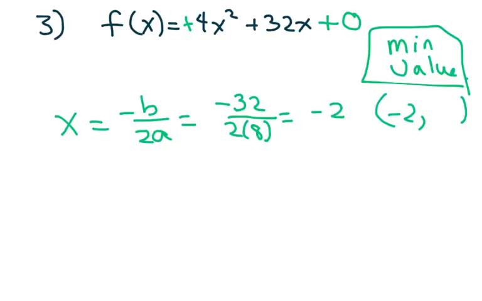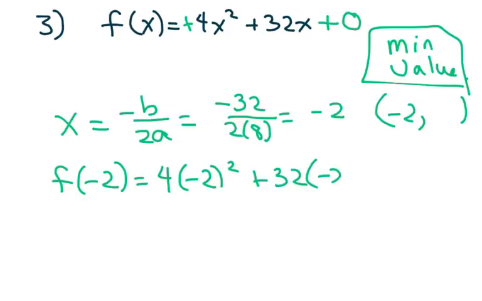To find the y value of the vertex, you plug that in. So you're going to plug in for f of negative 2 equals 4 times negative 2 squared plus 32 times negative 2. All right, so this equals 4 times 4 is 16 minus 64.